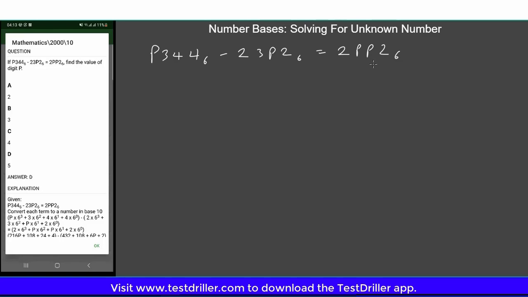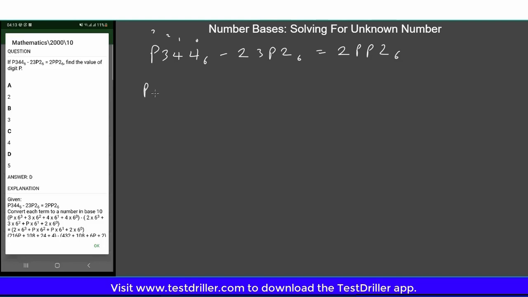The same principle we're going to apply here. We're going to convert to base 10 and then solve our way. We just convert to base 10, then collect like terms, then solve for the value of P. So let's take a look. If you convert each to base 10, you are going to get the following. This is 0, this 1, this 2, and this 3, right?